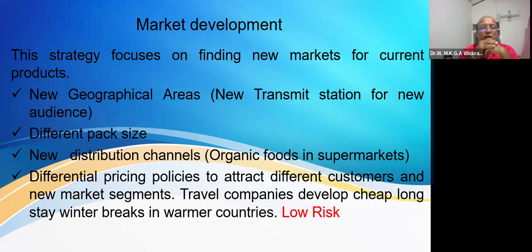The new distribution channels, the example is organic foods in supermarkets. Now differential pricing policies. You can see travel companies develop cheap long stay winter breaks in warm countries. Low risk.